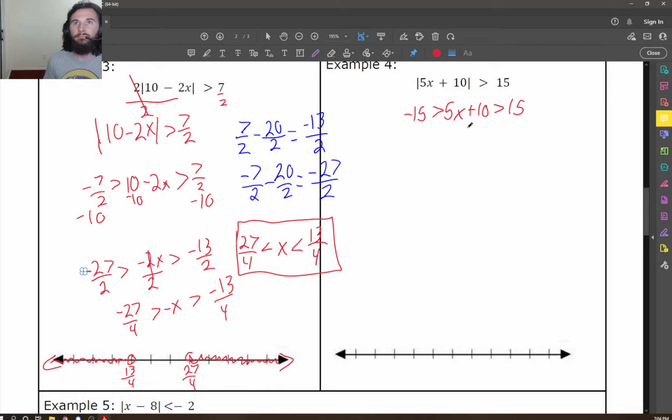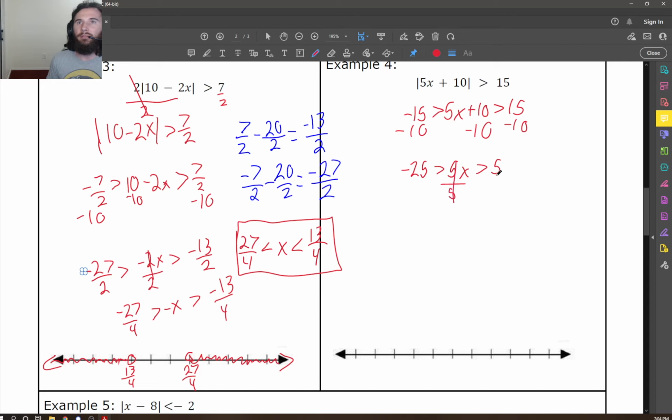All right. Standard procedure, let's take away the 10. That gets us negative 25. We still have the 5x in the middle, and 15 minus 10 is going to be 5.